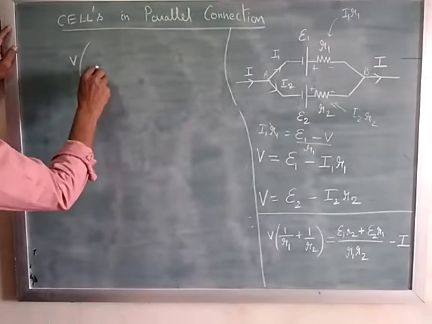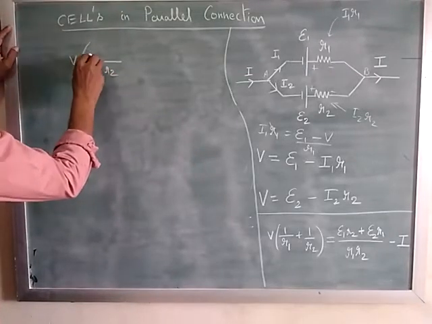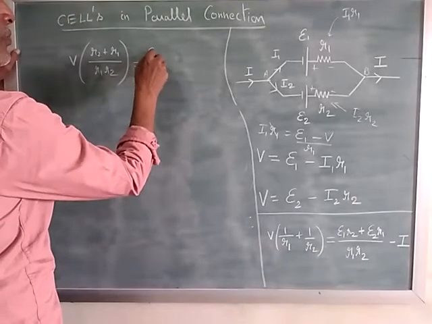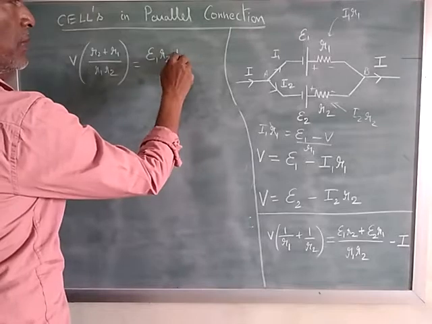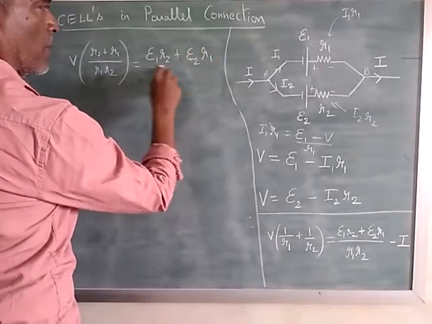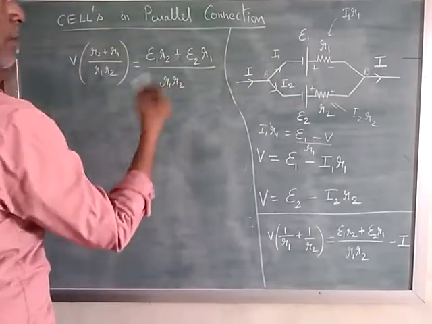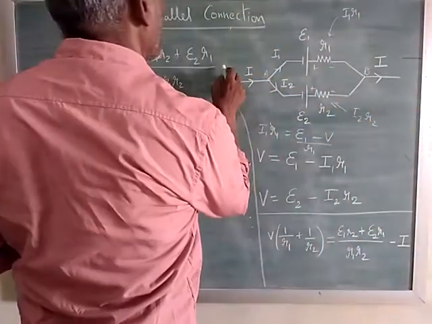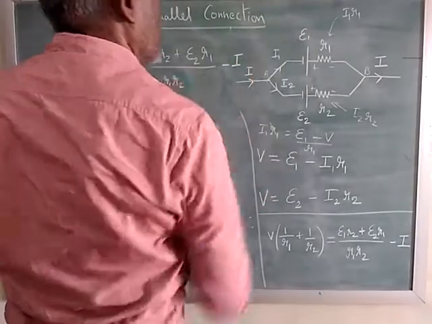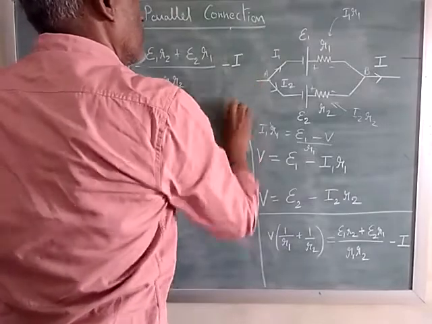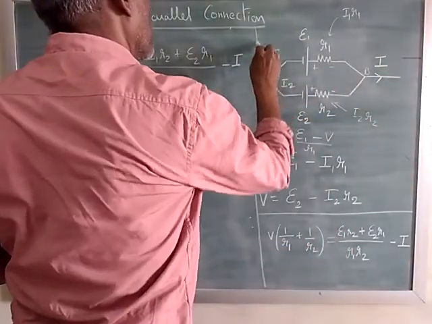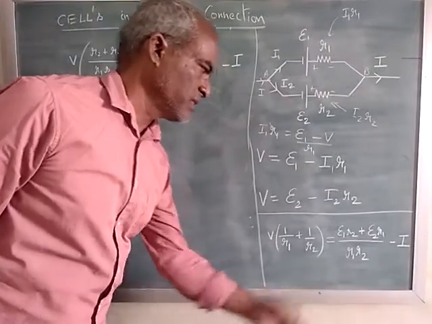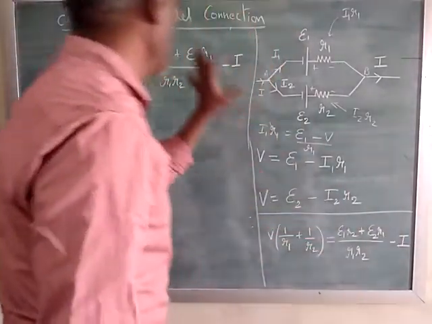So V into R1 R2, R2 plus R1, is equal to E1 R2 plus E2 R1 by R1 R2 minus I. What I did is, we have taken LCM for this, and the remaining terms on the right-hand side, we are writing as it is.